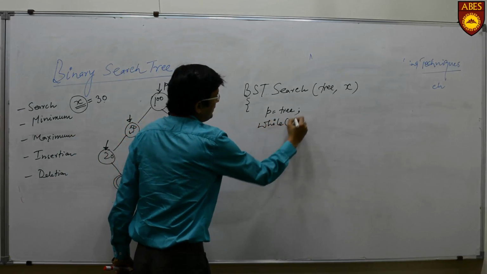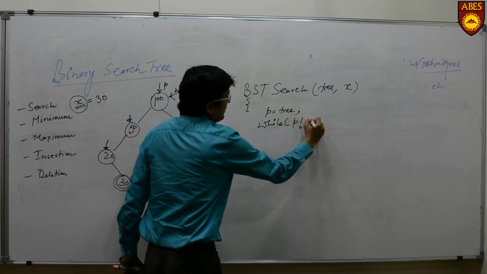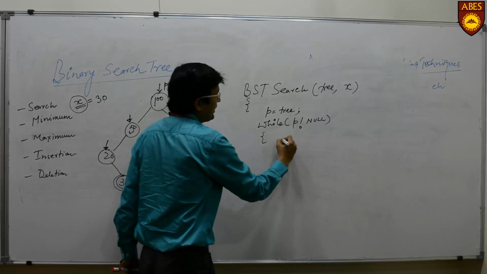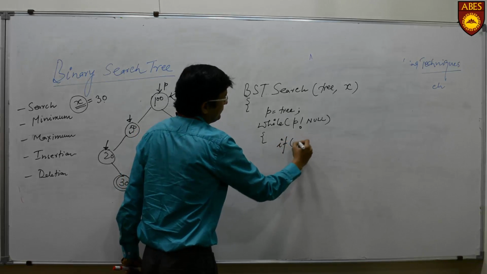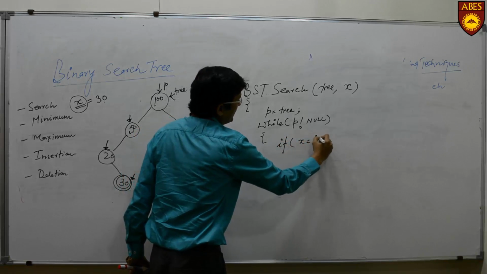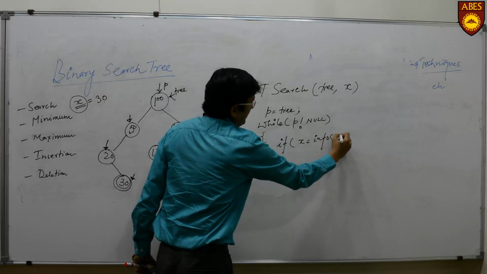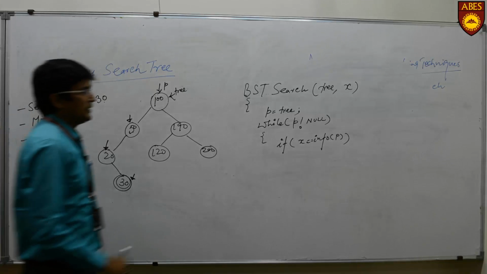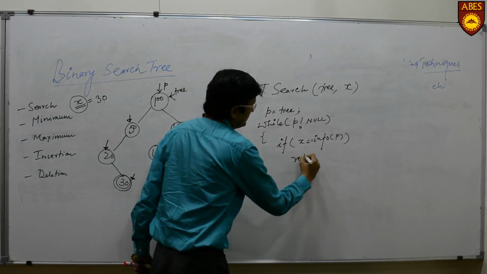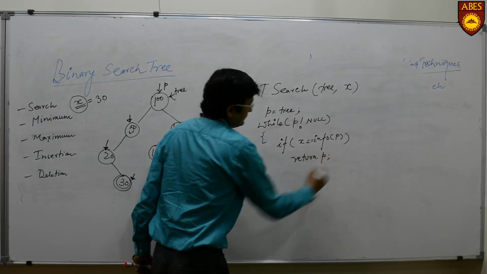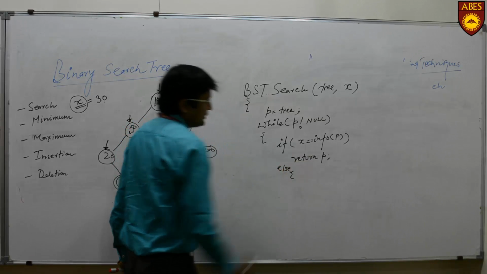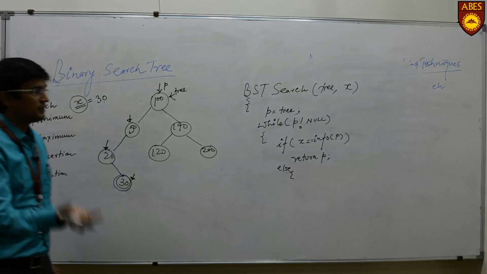Now according to the traversal, while P doesn't become null, we will traverse and compare the information of the search key with the information of the current node. If the information of the search key is equal to the information of the current node, it will return the pointer to that node. But if there is no match, we shall either go towards the left or towards the right.